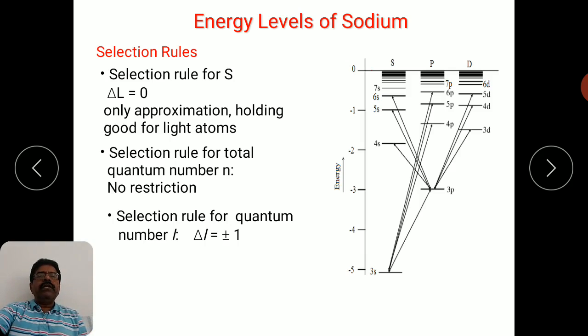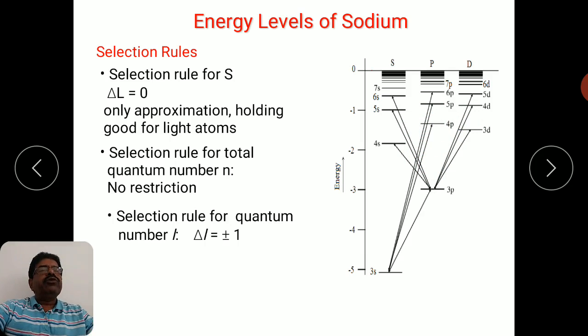So these selection rules describe the conditions for the transitions to take place among the different energy levels in any particular atom. Here it is shown for the sodium atom.